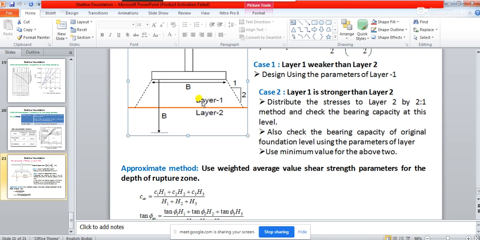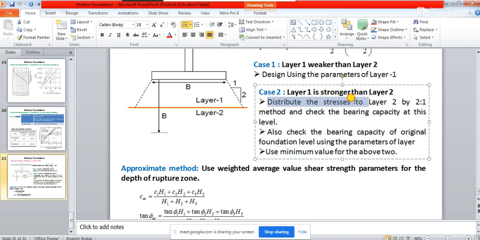In that case, if you remember the consolidation theory, where the load is distributed in a trapezoidal manner at a slope of 2:1, so 2 vertical to 1 horizontal, you will have to distribute the stresses to layer 2 by the 2:1 method and check the bearing capacity at this level.